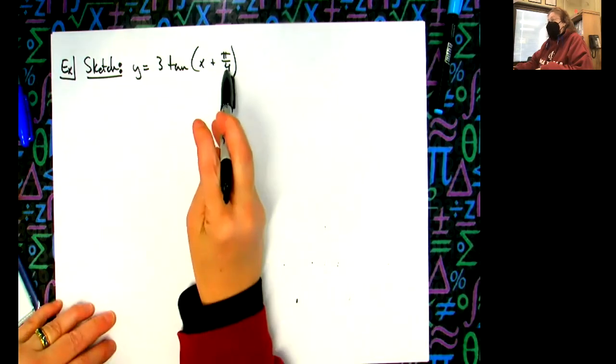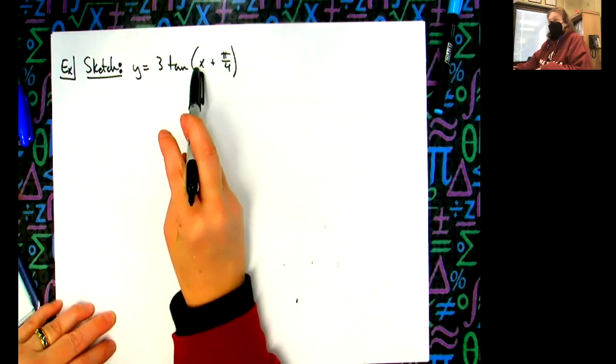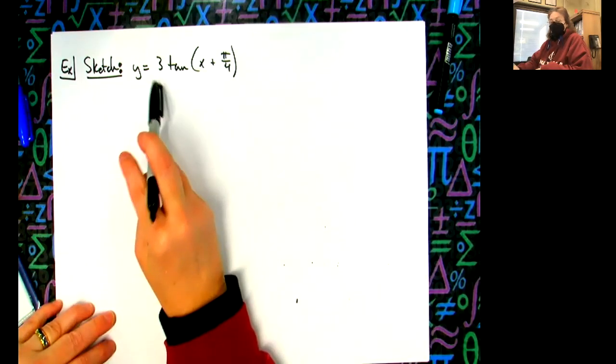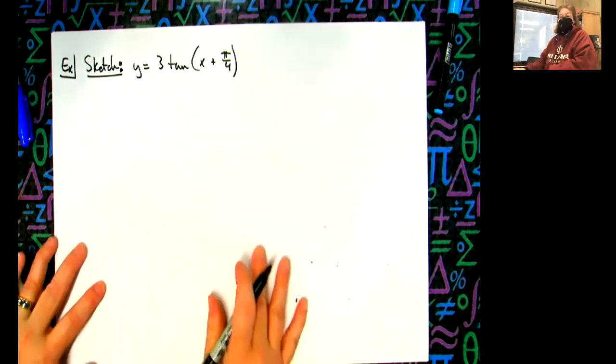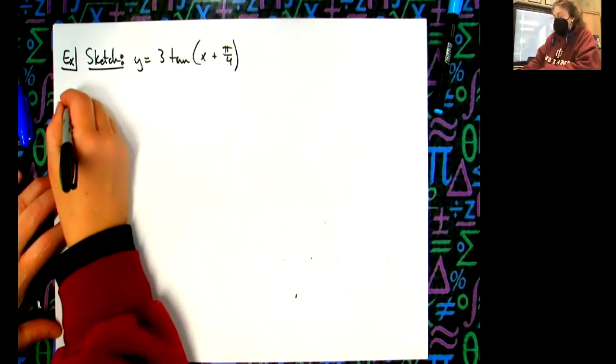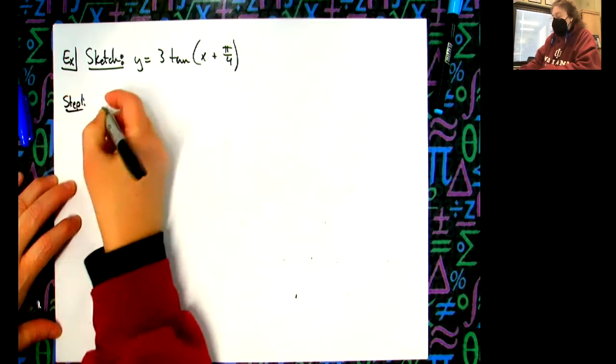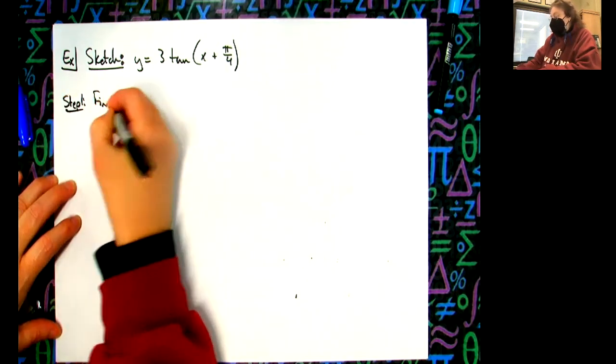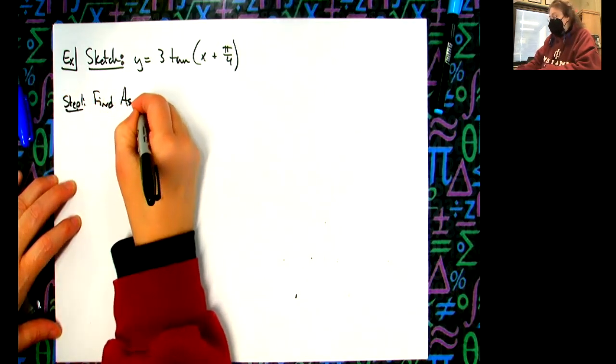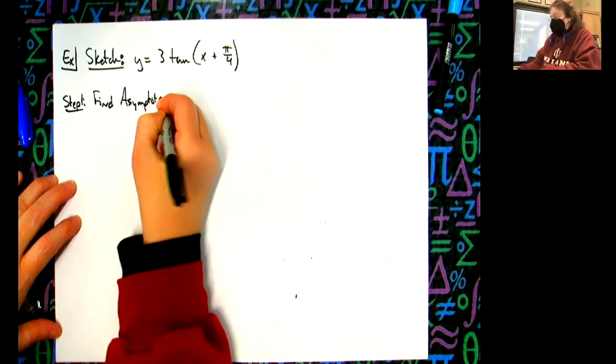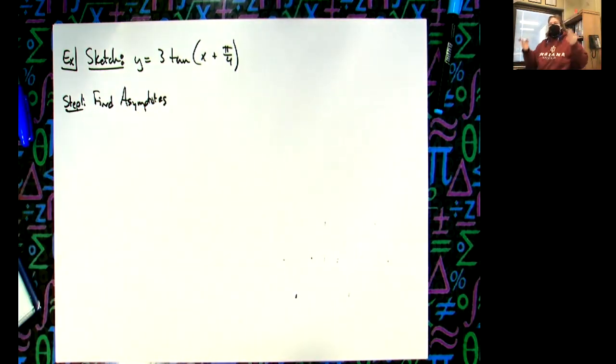Okay, now I've got a c value in here. My b value is 1. My a value is 3. All right, I'm going to go 2 steps. First step, always find your asymptotes. So you have to remember your original period, negative pi over 2 to pi over 2.